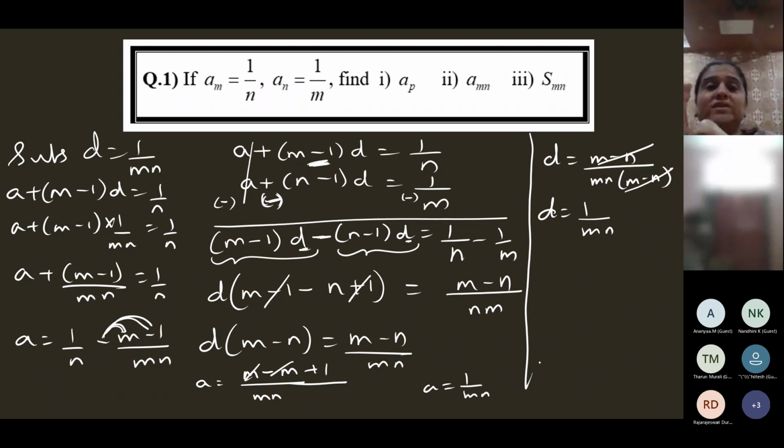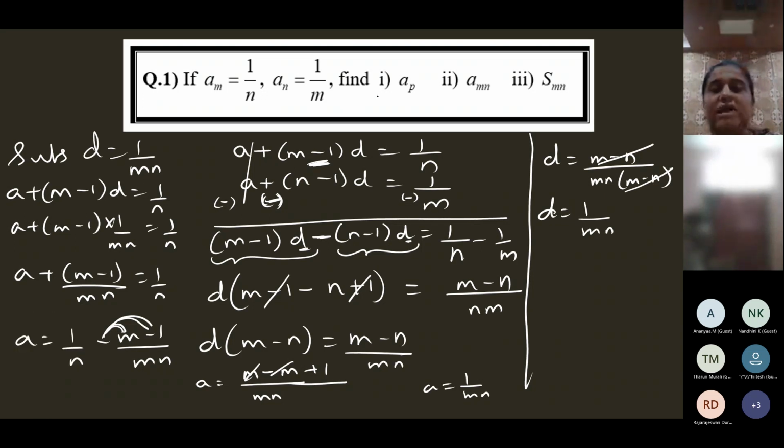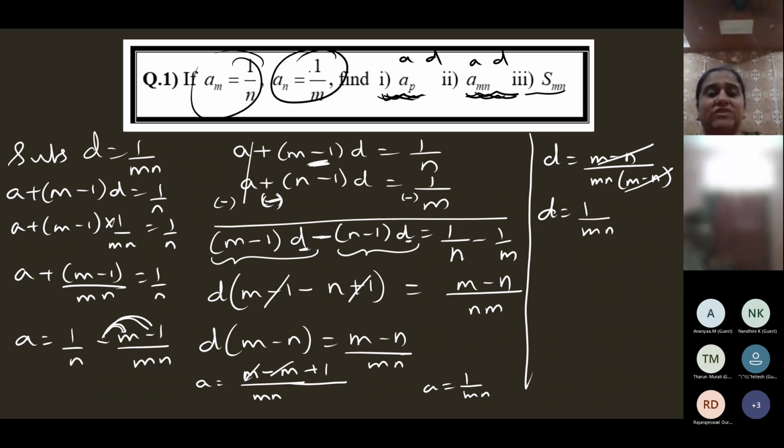Now see, what have we done so far? We have only now found the expressions for A and D. Now we have to answer these questions. We have not still answered these questions, because in order to answer them, we need to know the values of A and D. That we just found with the help of these two equations.